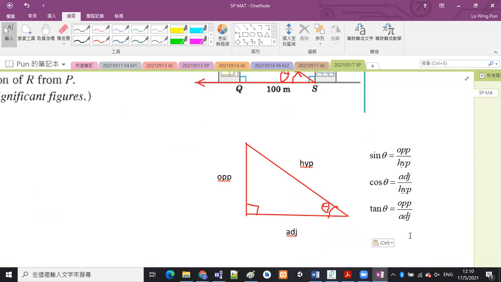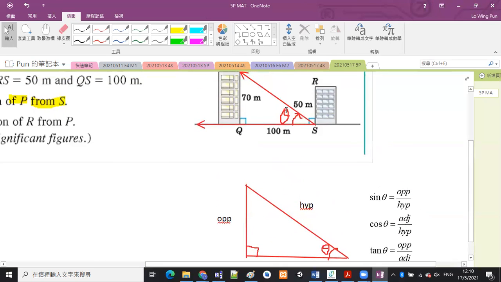So going back to this question, what information do we have according to theta? The opposite side is equal to 70 meters. And what else do we have? The adjacent side, 100 meters, right? We do not know the hypotenuse. PS is not it. So we have opposite and adjacent.